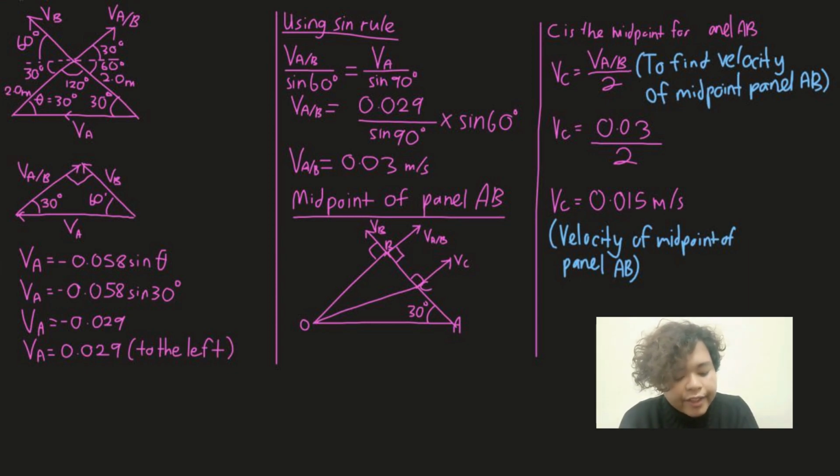So I can conclude that VC is equal to VAB over 2. This is to find the velocity of the midpoint of panel AB. And then we have the answer VC equal to 0.015 meter per second. And that is the final answer for the velocity of the midpoint of panel AB using the scalar solution. Thank you very much.